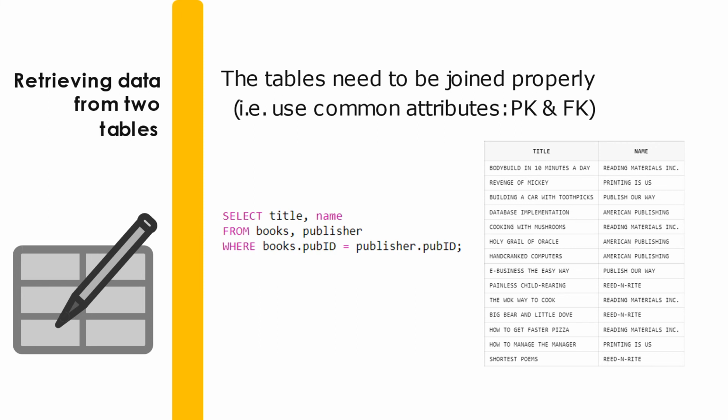And then in the where clause, we are having the equality sign for the common attributes: the books.pubid, the foreign key in the books table, and the publisher.pubid, the primary key in the publisher table. The result, as we can see, are the title and the name of the books.